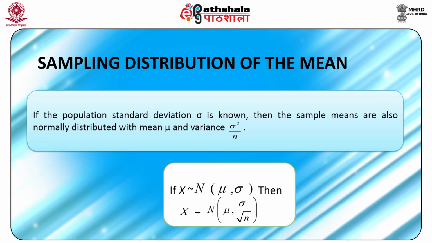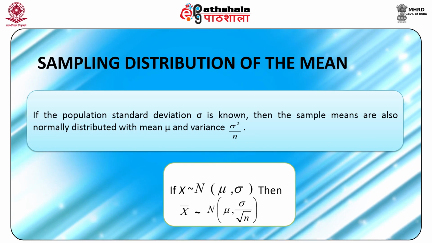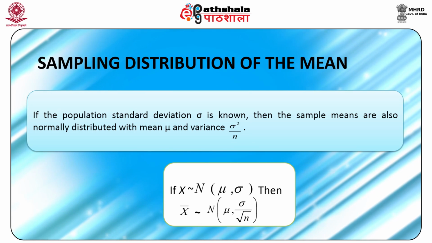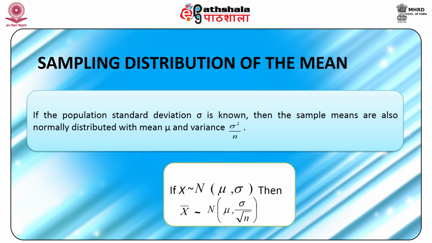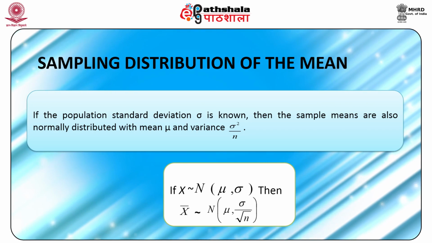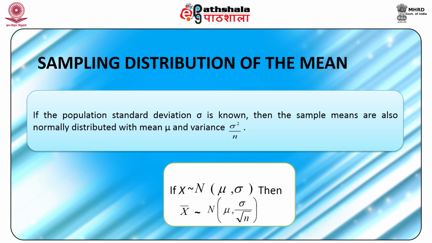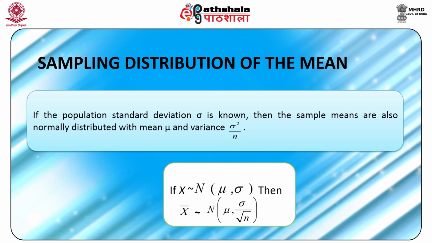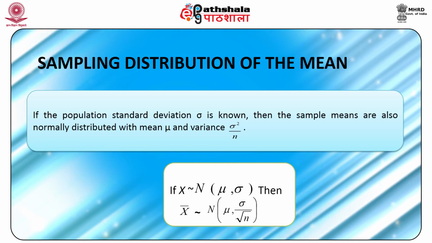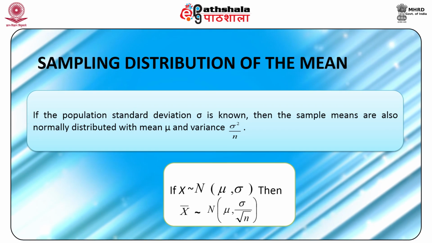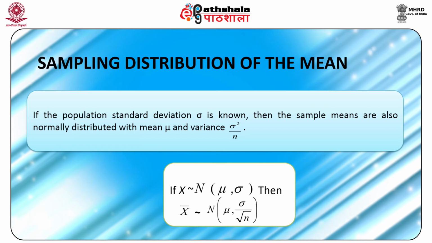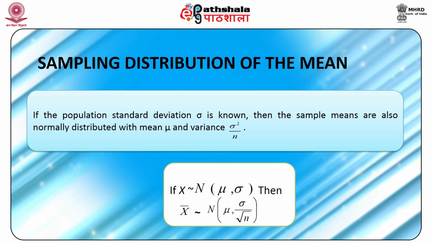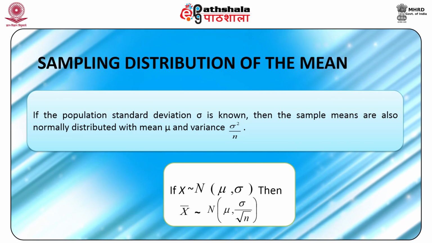So if the population standard deviation sigma is known, then the sample means are also normally distributed with mean mu and variance sigma square by n. So sample mean is normally distributed since the mean is a linear function of normally distributed variables xi, each of which is normally distributed with mean mu and variance sigma square.